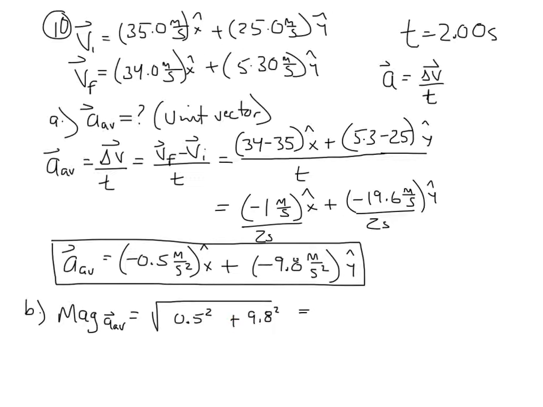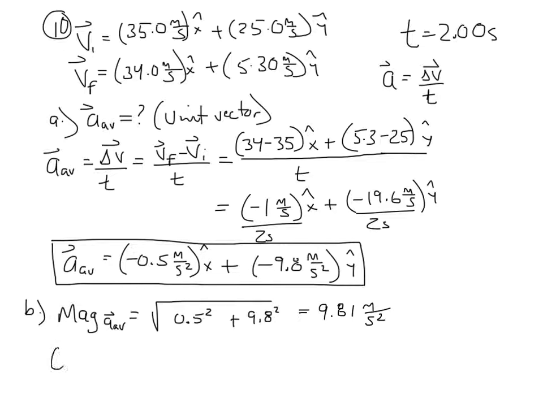Square root of 0.5 squared plus 9.8 squared. That makes sense. Not very much difference, but 9.81 meters per second squared. That sounds even more familiar.